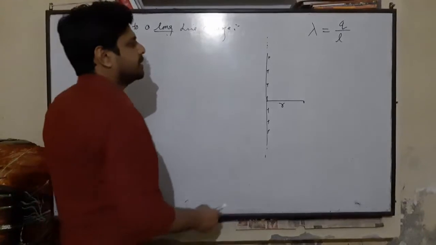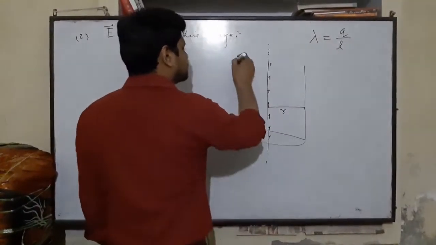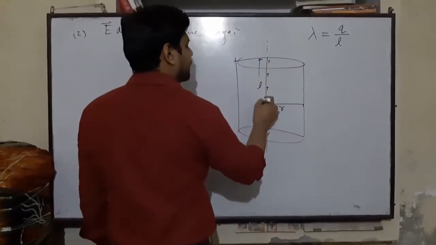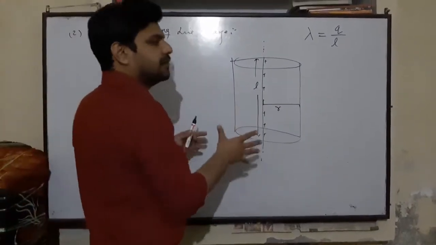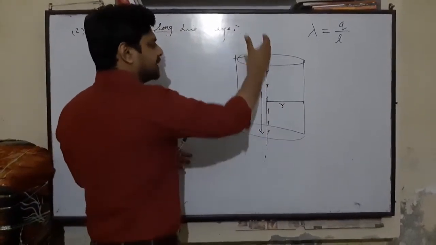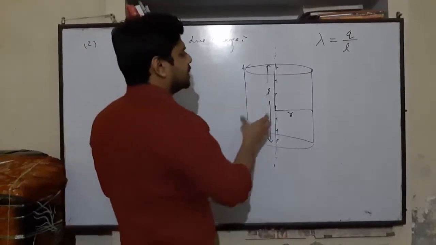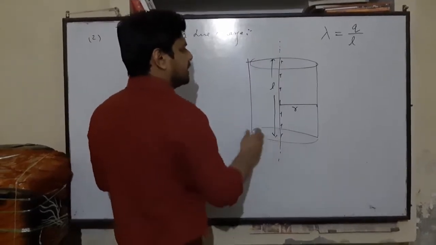Consider a cylinder of radius r and length L. We have to find the intensity of electric field due to this line charge at this point. For this, we have assumed a cylindrical Gaussian surface around the line charge.